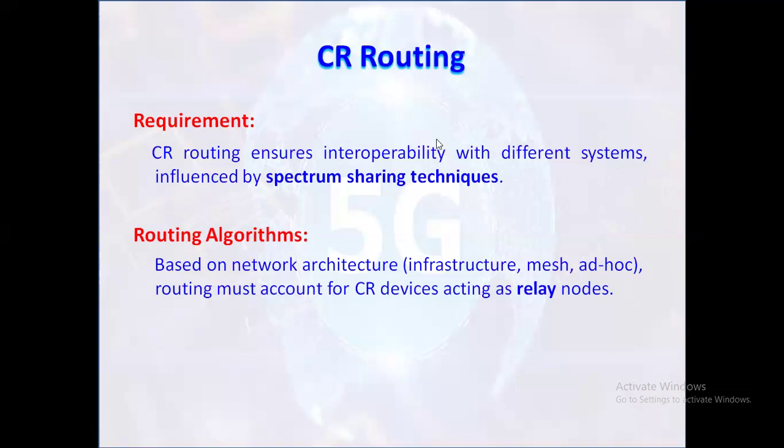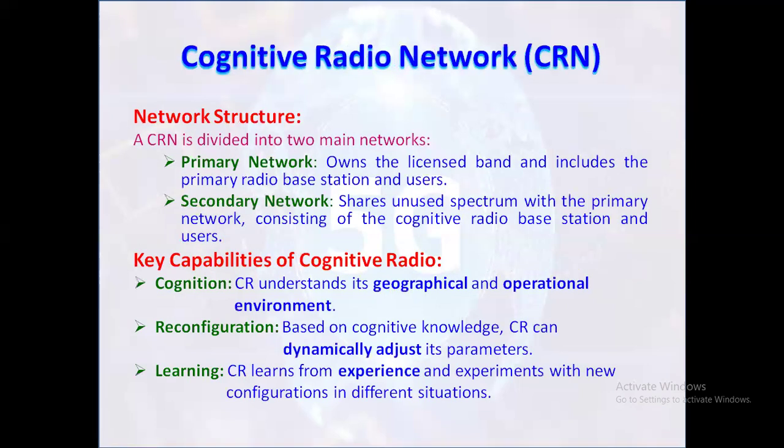The routing algorithm for CR systems must be designed to accommodate these complex dynamic network conditions while ensuring efficient data transmission and spectrum utilization. Next, network structure, cognitive radio network.